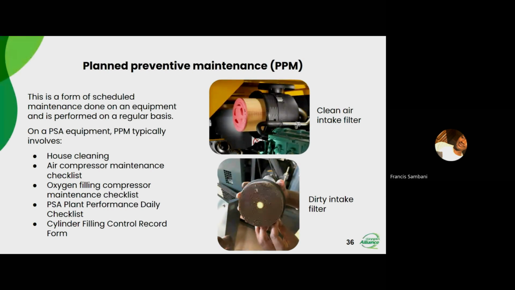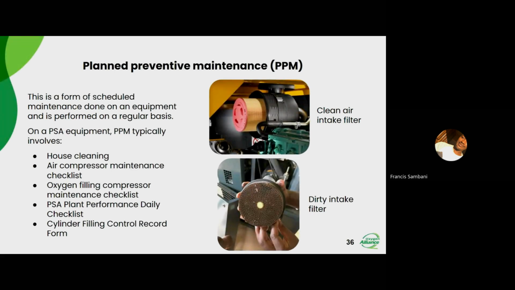Housekeeping, basically, as the name says, you just make sure that internally, where your PSA is, either containerized or inside a room, it's clean and free of dust or debris. The other thing is your outside also has to be clean around the PSA plant.